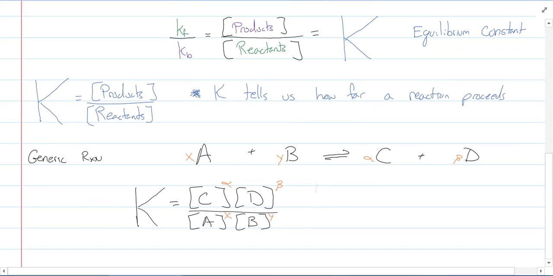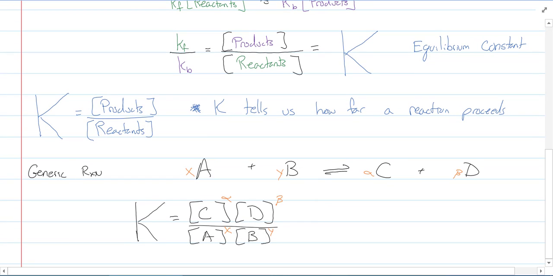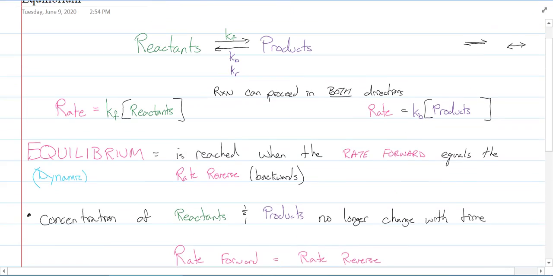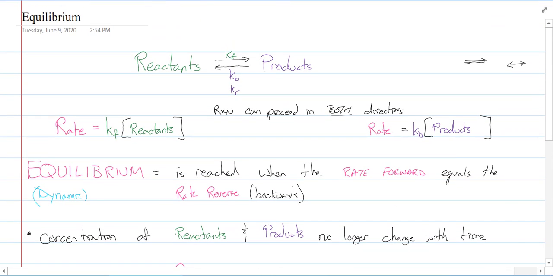Now, this is not the complete story. It actually has to do with the law of mass action and activity, but we don't learn that for many years. So this will be a very good approximation for K. Now, if we go back way up here, we know that k, the rate constant, is determined from experiment, and it is temperature dependent.